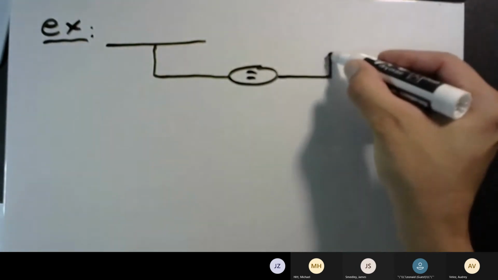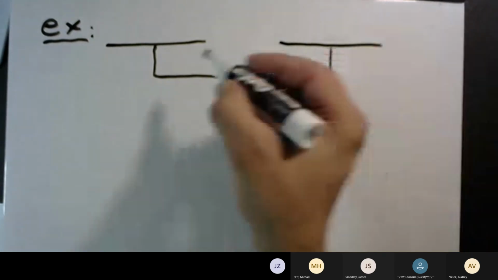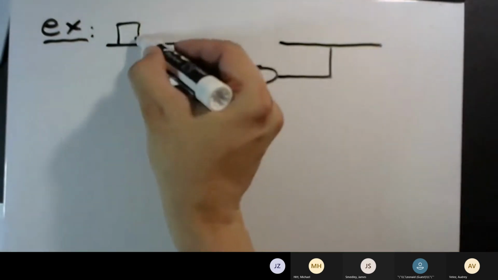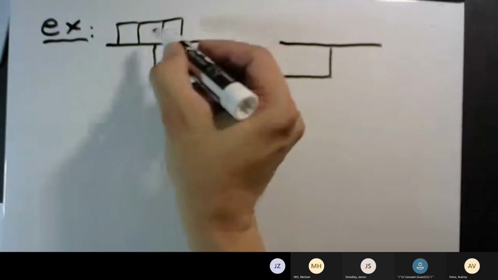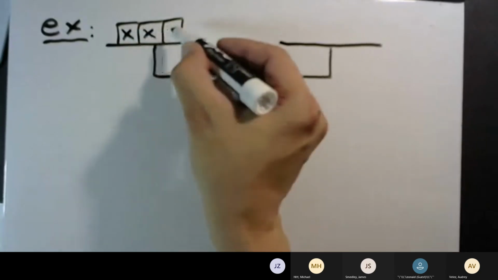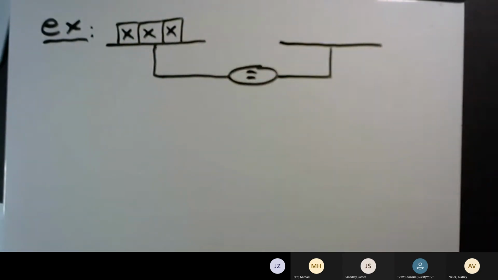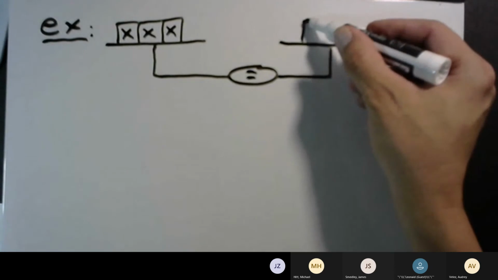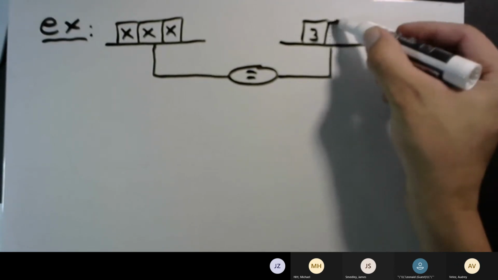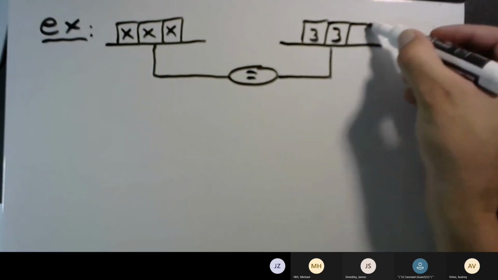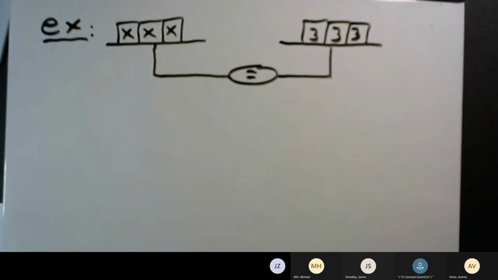So these are going to be balanced. So you have 3 x's, and let's say it's balanced by 3 3-pound weights.